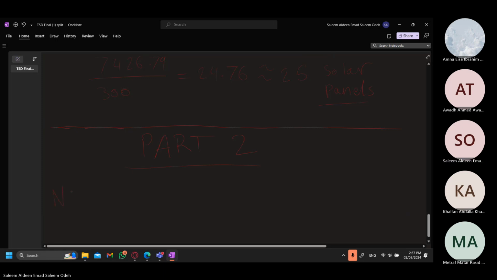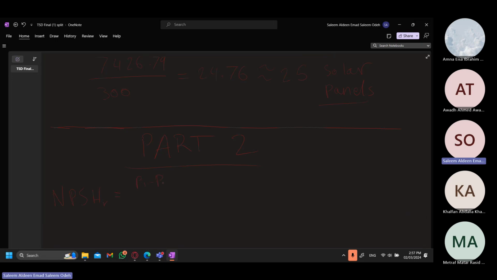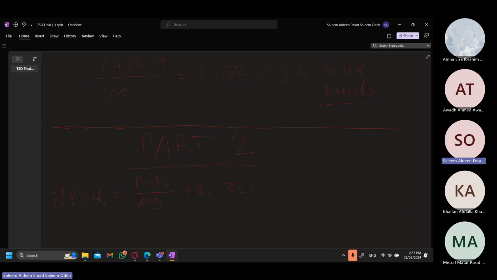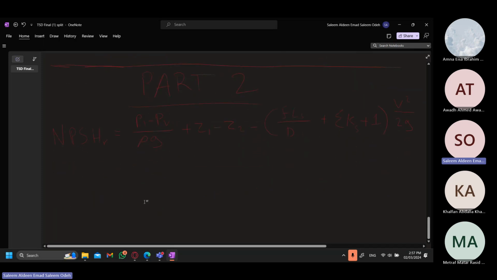The equation for net pressure suction head required is P1 minus vapor pressure over density times gravity, plus Z1 minus Z2, minus friction factor multiplied by suction length over diameter, times the summation of suction K plus 1, times V squared over 2g. So all we need to do is substitute these values for the numbers they gave us.